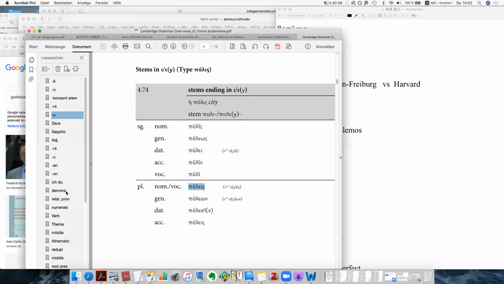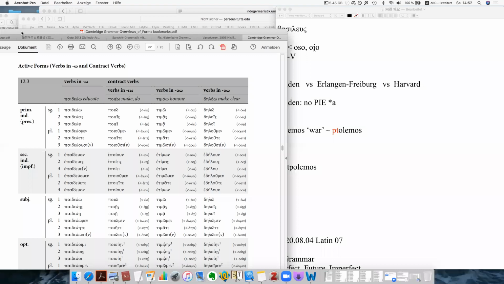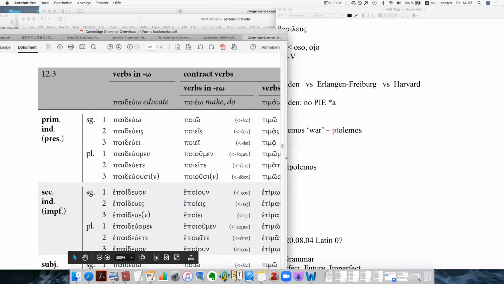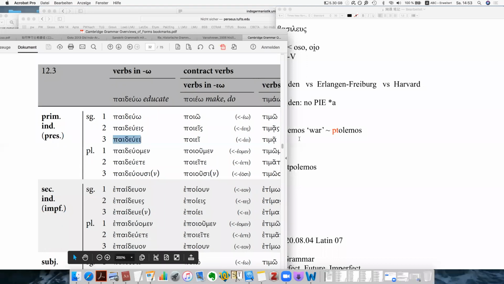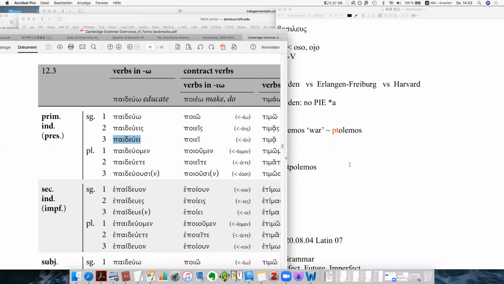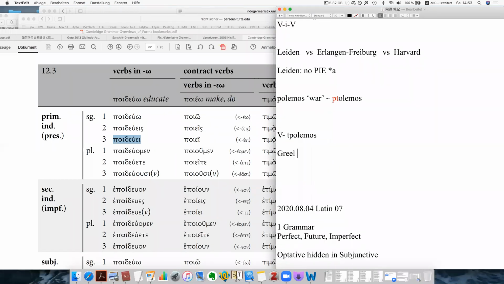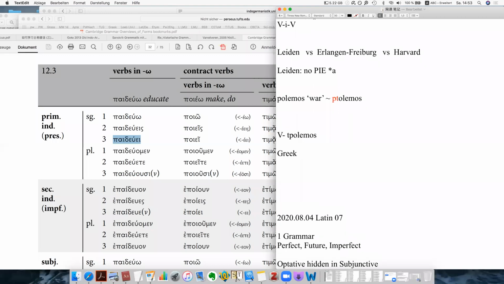Yeah. So for example, this verb, a very common word, paideu. Wait a minute. So actually in Greek, third person singular, what is the ending?